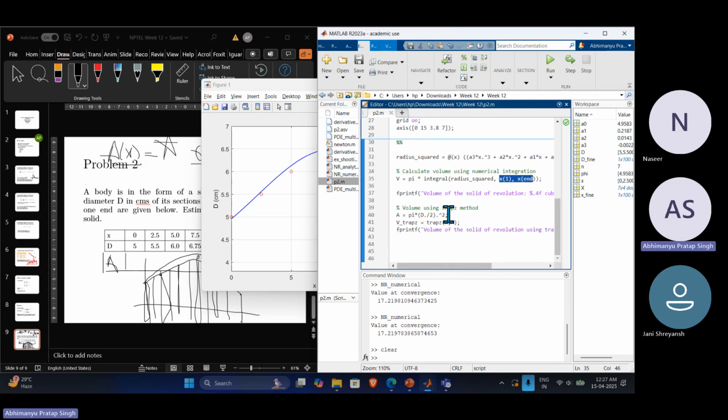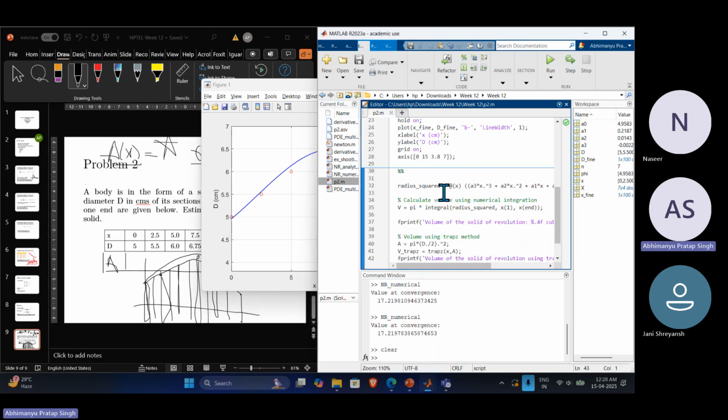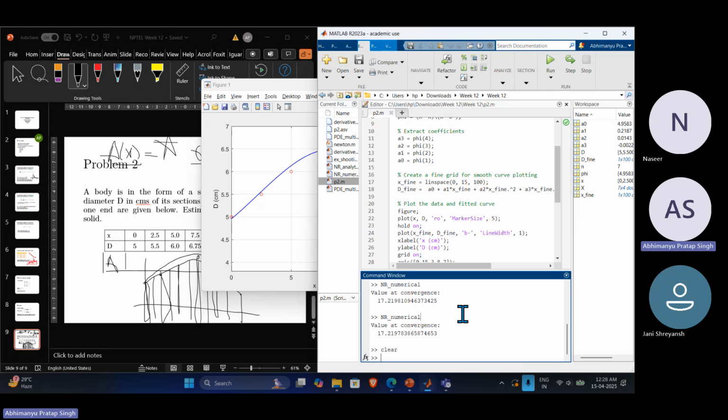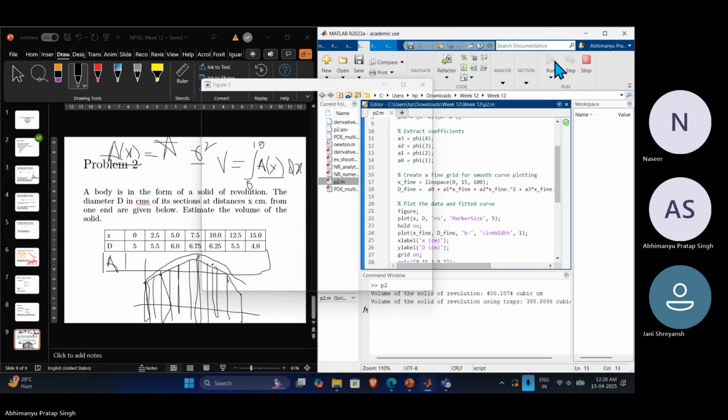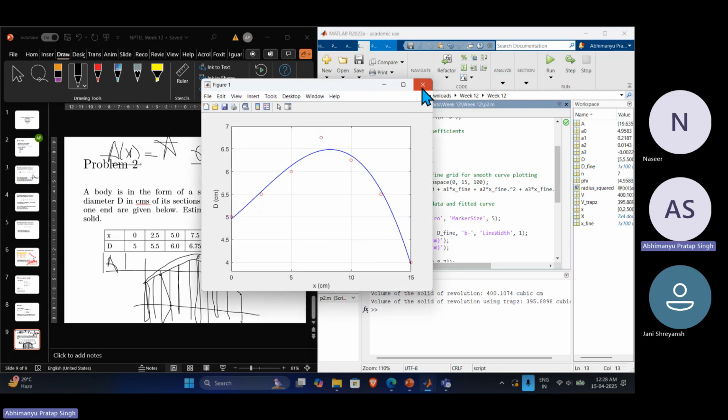Then I'm also calculating it using the trapezoidal method. So I get this vector of all the area values, pi d by 2 whole square. And then I use the trapezoidal function on this x and A values to get my volume using the trapezoidal method. Okay. So if I run this entire thing, yeah.